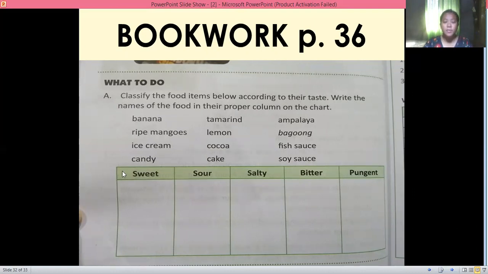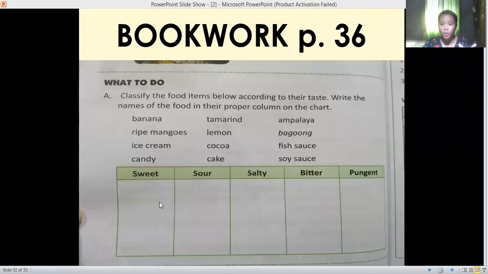And these are the columns here. We have sweet food. If it is sweet, you're going to write it here. Sour, salty, bitter, and pungent.